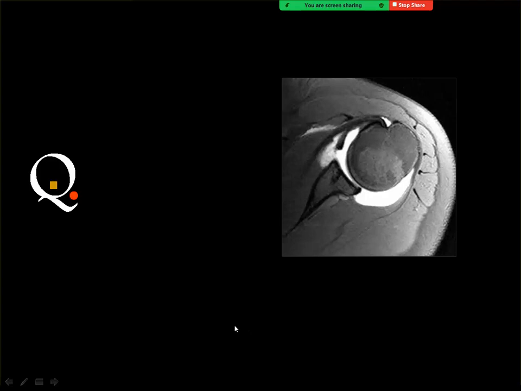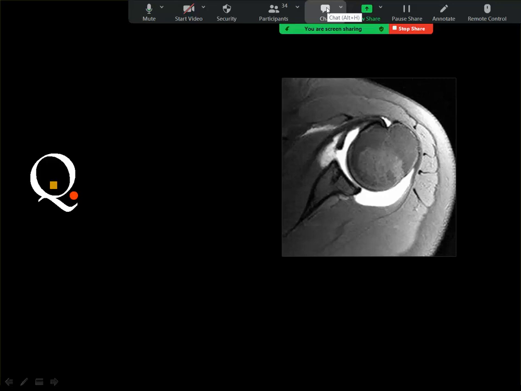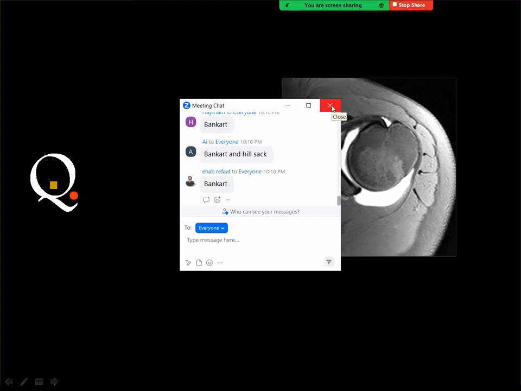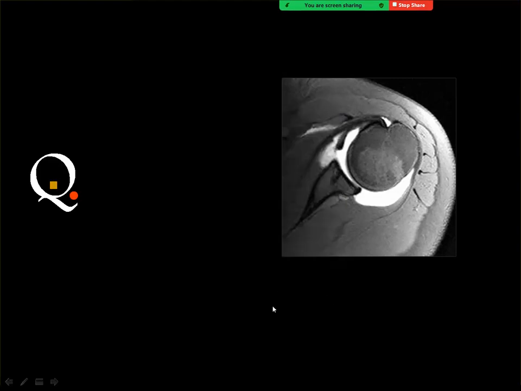Next case is an MRI of the shoulder with arthrography. Bankart, Hill-Sachs? No, this is not right.